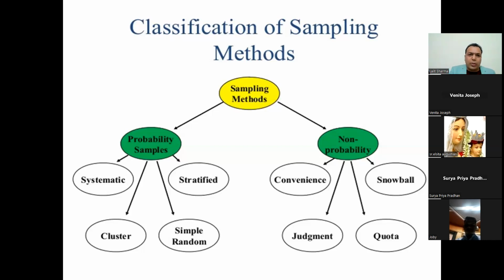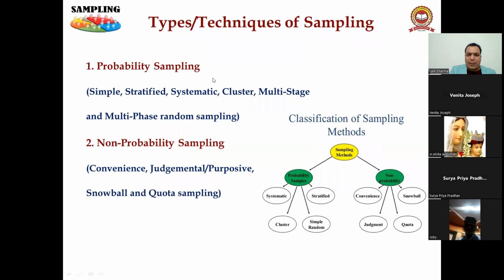So I think you have come to know about probability sampling. Under probability sampling, you have to talk about simple, stratified, systematic, cluster, and multi-phase sampling. And if the question asks about non-probability sampling, then you have to talk about convenience, judgment, snowball, and quota sampling, right guys?